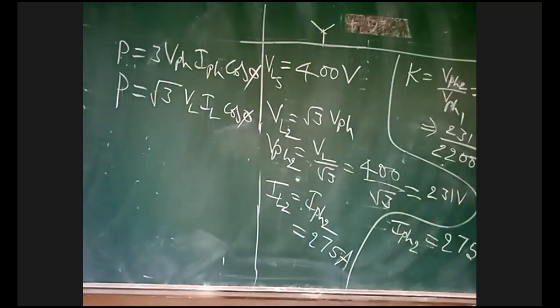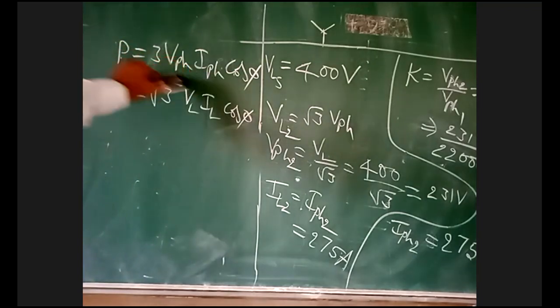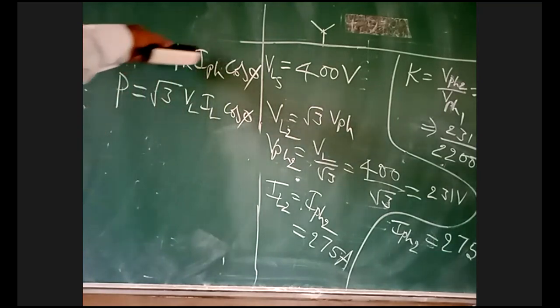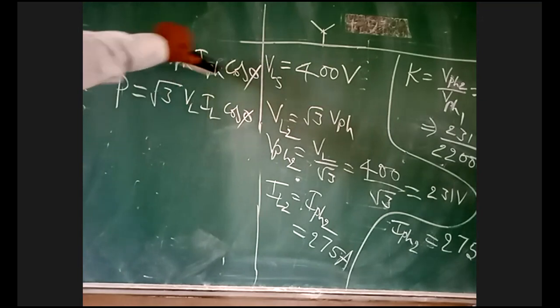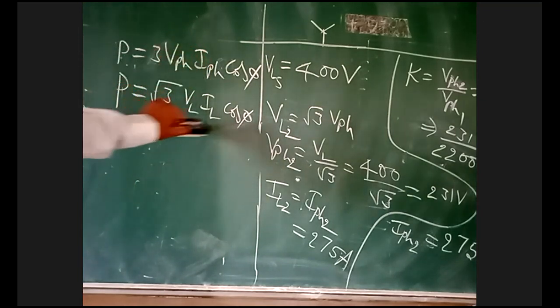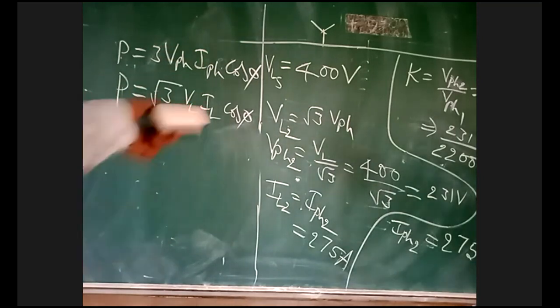So you can take anything. If you want to take primary, V phase 1, I phase 1, otherwise V phase 2, I phase 2. We can take any one. Similarly, VL1, IL1, or VL2, IL2. We can take anything.